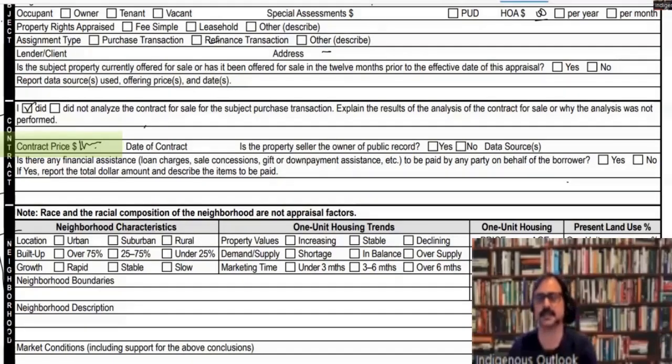There is a possibility that counter offers were attached to the purchase contract and the price changed, but it will remain the same here, because mostly we send them the first purchase or sale agreement. Then date of contract. Is the property seller the owner of public record? Is there a possibility it could be no?